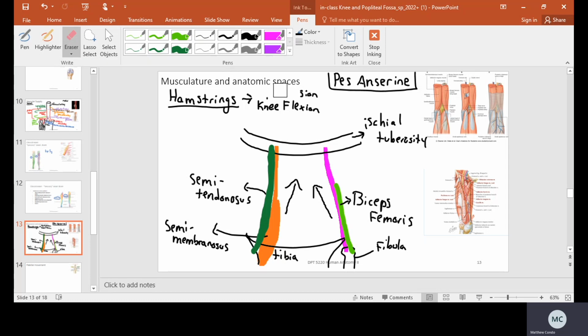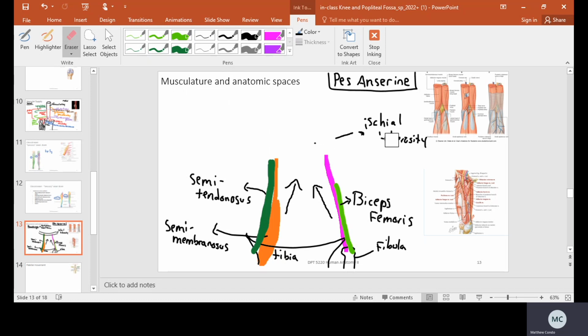All right, so that's my back side. That's my posterior side. The front side's pretty darn easy.